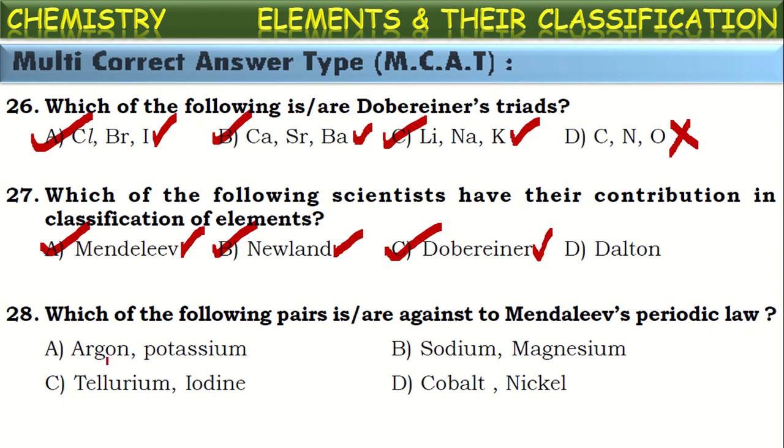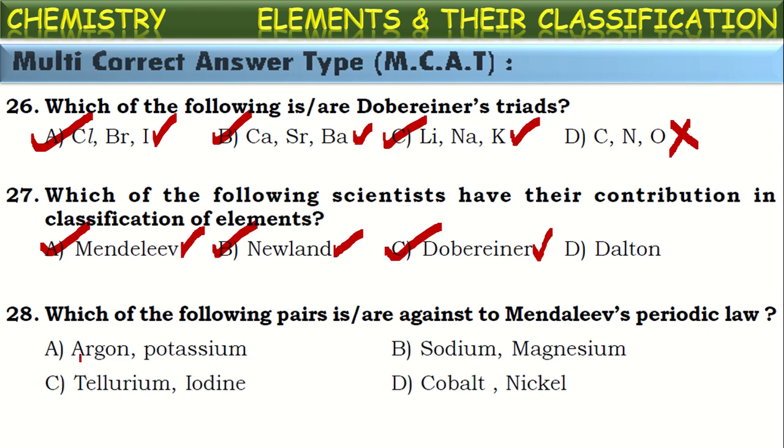Here argon actually has greater atomic mass than potassium, isn't it? The atomic mass of argon is 40, whereas that of potassium is 39. But according to its chemical properties, it is written first in the periodic table along with the other elements in that column like helium, neon, krypton, xenon, and radon, because it also has the same chemical property just like the remaining ones. So that is why it is written first.